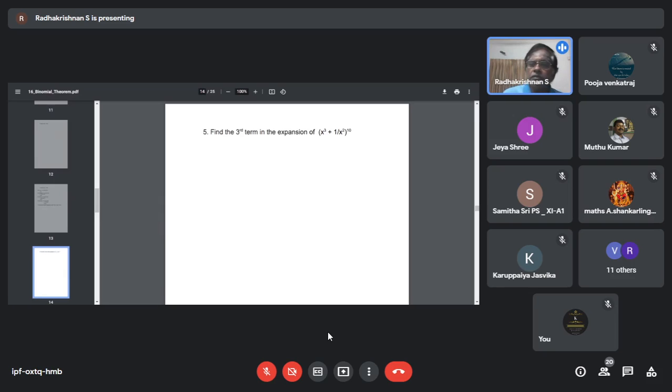Find the third term in the expansion of x cube plus 1 by x square whole to the power of 10. Just finding one term.